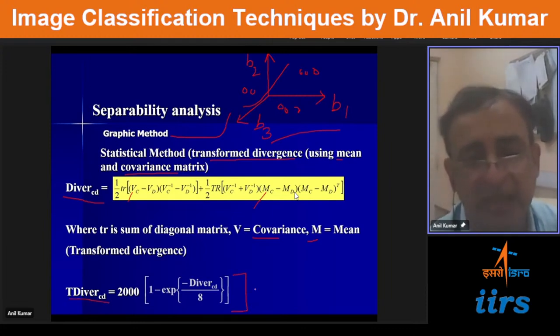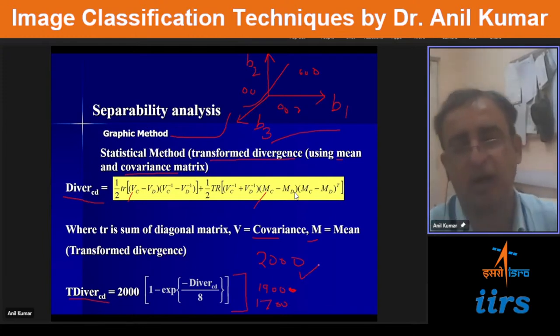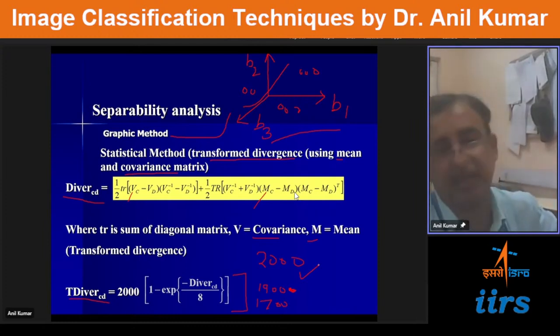The value comes from 0 to 2000. If the value is around 2000, it is very good separation. If it is 1900 and above, it is good separation. And if it is less than 1700, then it is poor separation between classes. So we should consider that the transformed divergence should be near 2000, so that we have excellent separation between classes.